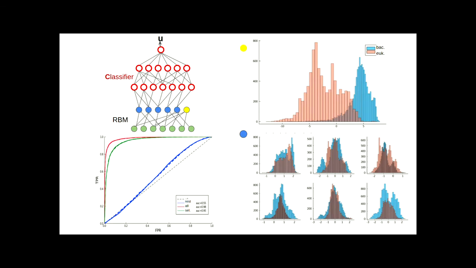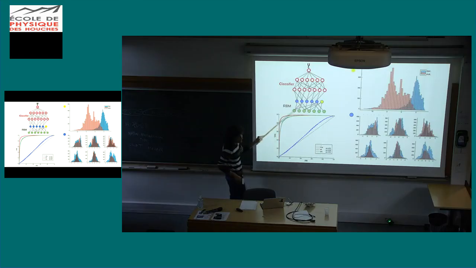If we look at a classifier that is trained a posteriori on the latent representation, and it looks only at the hidden unit that I selected, it will be able to predict the label. Whereas if it looks at all the other hidden units, it will not be able to predict the label.